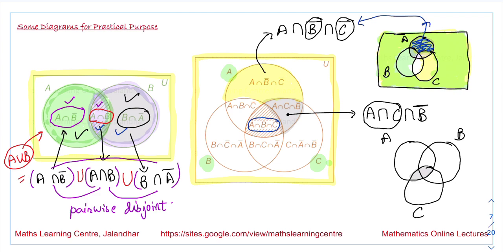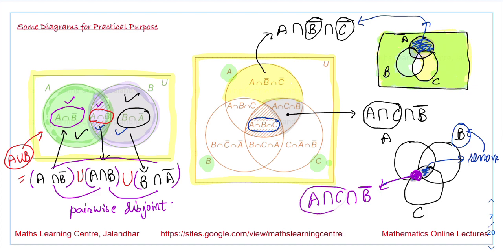Now from this region we want to remove this portion that is contained in B, the part of B. This remaining portion we have is A intersection C intersection B complement.